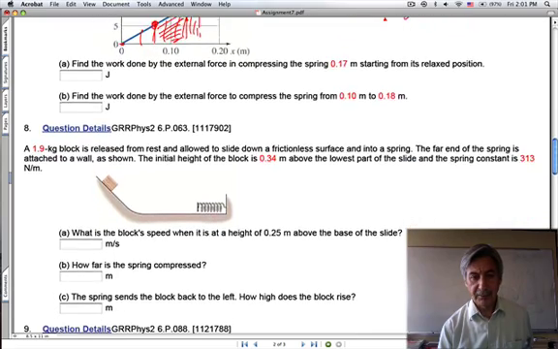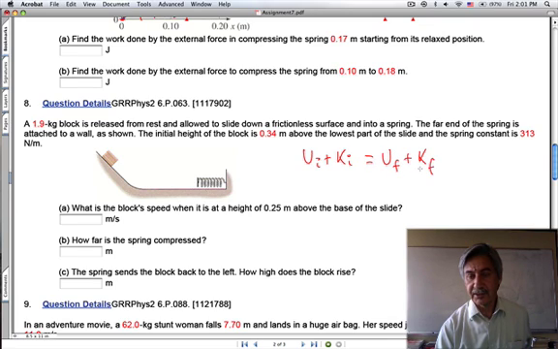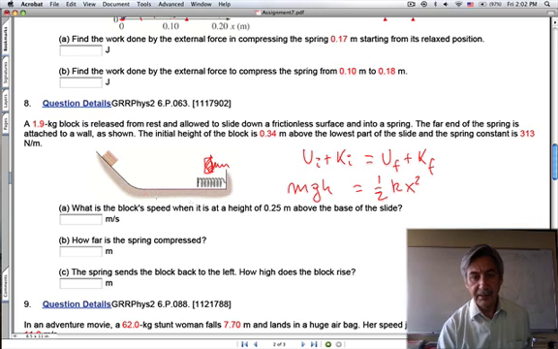Then you have the problem with a spring. In this problem, the potential energy plus the kinetic energy is always conserved because there is no friction. So at the beginning, it has mgh. When it comes in here and compresses the spring totally, it has 1/2 kx squared. In between, it has kinetic energy.